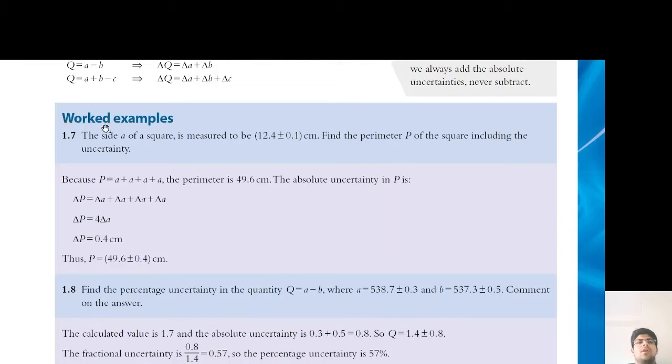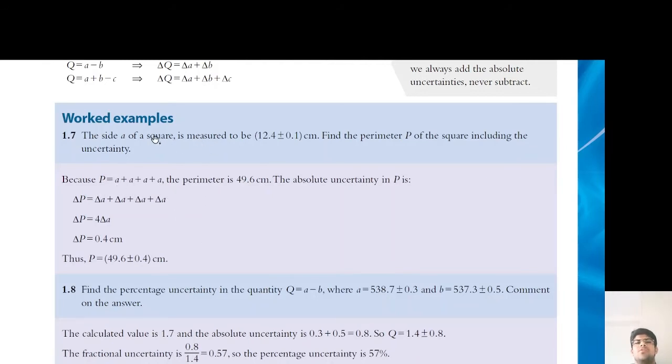The side A of a square is measured to be 12.4 plus minus 0.1 centimeter. Find the perimeter P of the square including the uncertainty. If we look at the solution, P equals 4A. Do you know why 4A is written here?